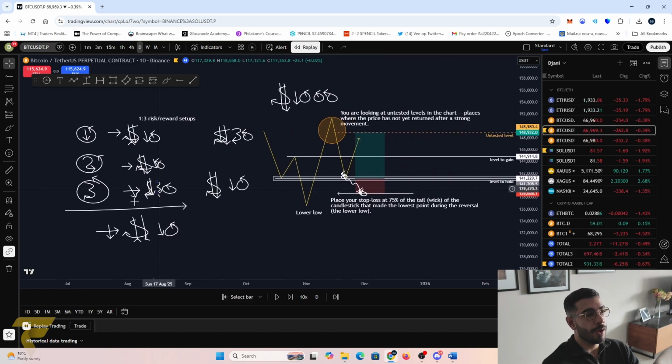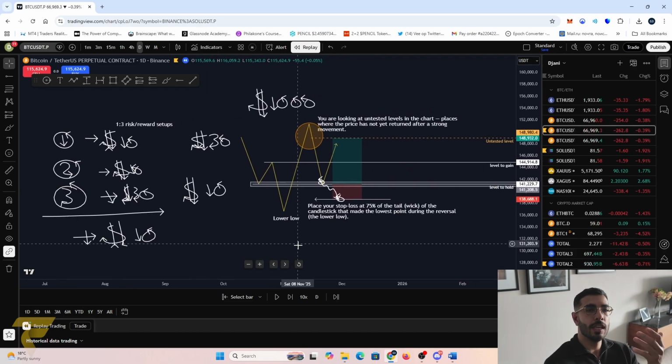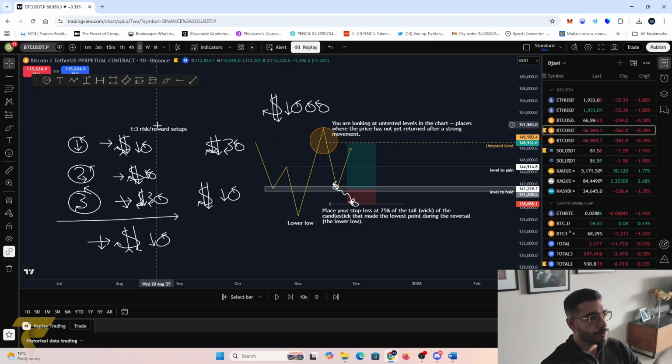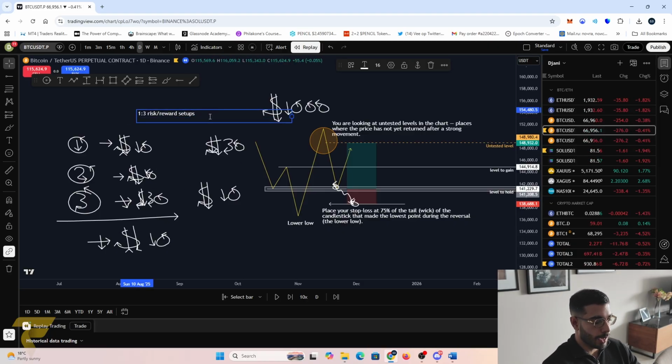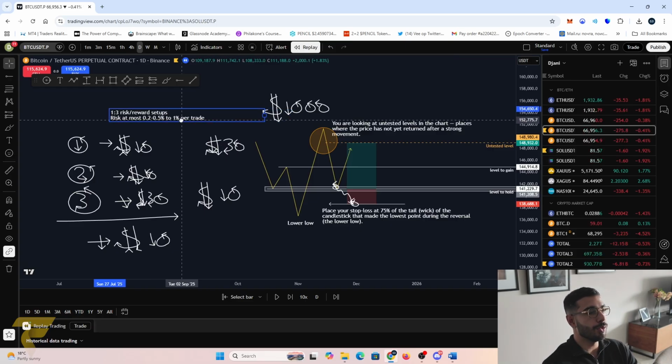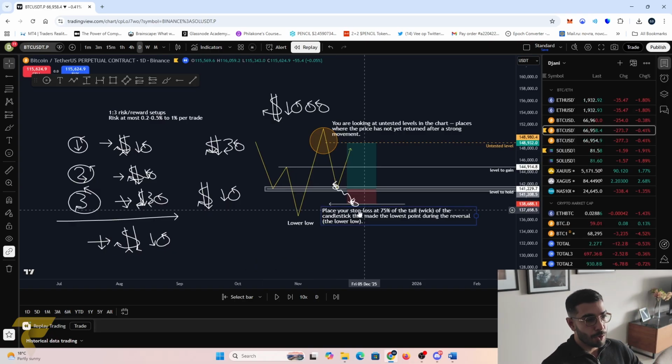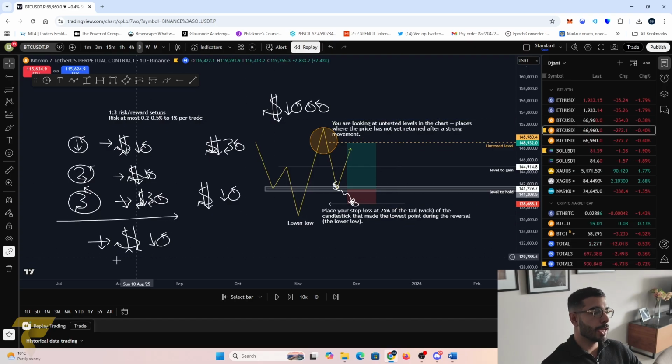That's very important to understand, and that's also a key component of risk management. Always focus on 1 to 3 risk reward setups. Try to risk at most 1% per trade. That's something that you need to aim for. This is just some general information, but most importantly, focus on these 2 explanations.